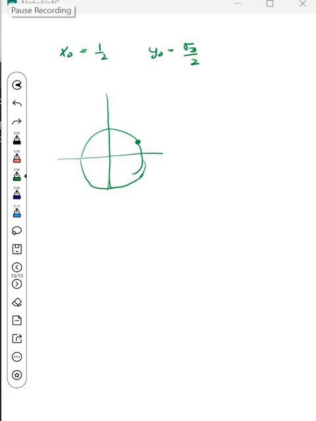And then if I computed the gradient vector at that point, I get 2 times 1/2, which is 1, and square root of 3. That's the vector I get. So that means I go over 1 and up 0.8, something like this.